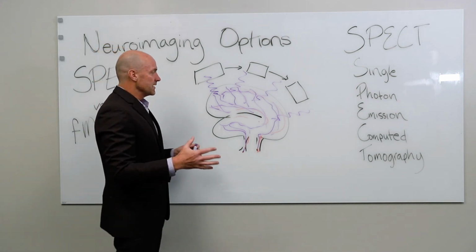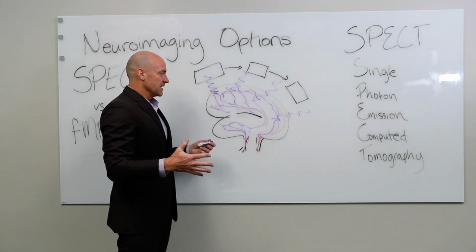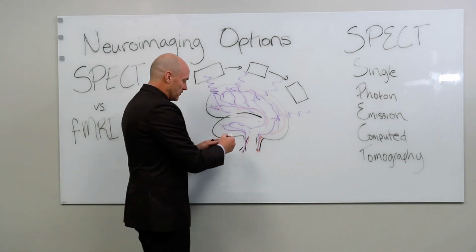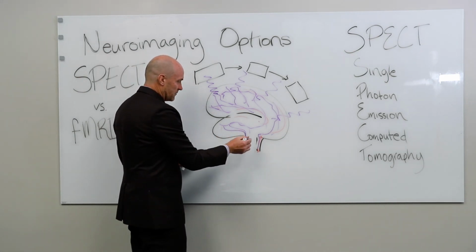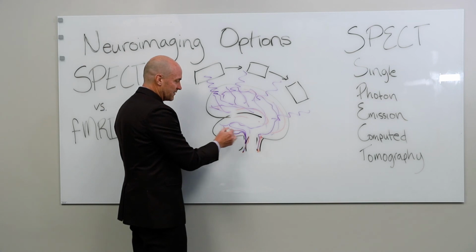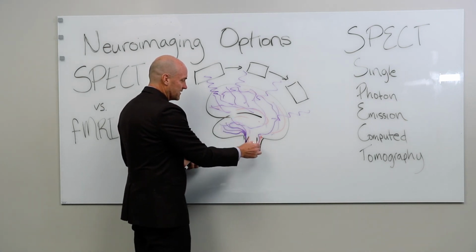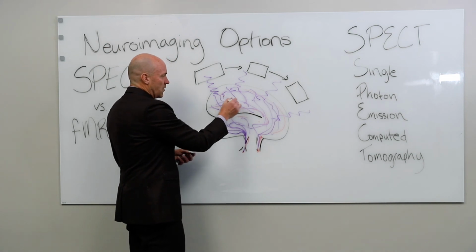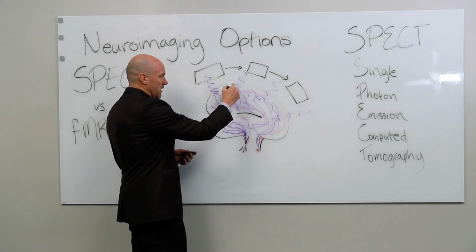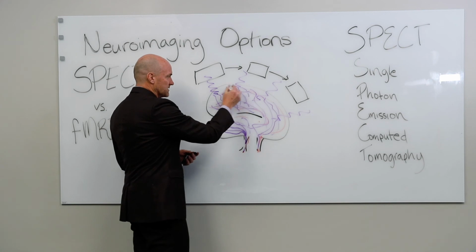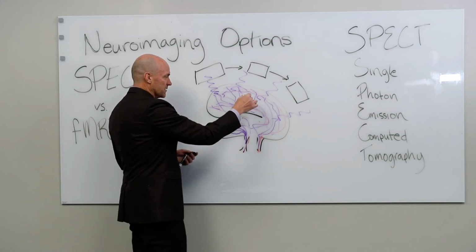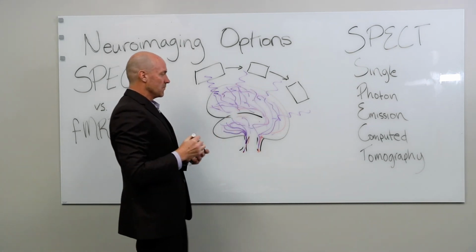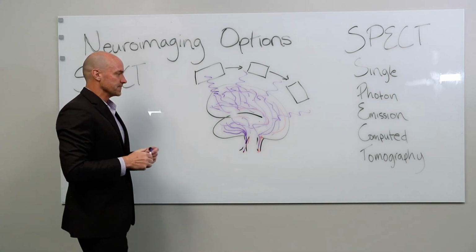And then during that time that they're engaged in the task, blood will be flowing all throughout the brain. In other words, the radioactive isotope will be flowing into the brain, and where there are areas that are more engaged in the task, there will be more of that radioactive isotope present.